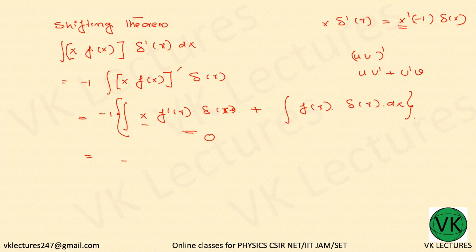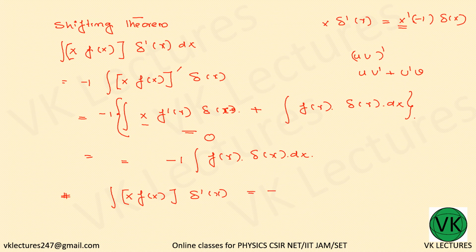So in the end only the second term will remain, that is minus 1 into integral f of x into delta of x dx. Right. So what is the conclusion? Integral x into f of x times delta dash of x is equal to minus integral f of x into delta of x.